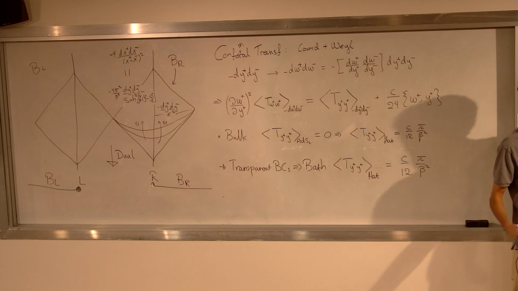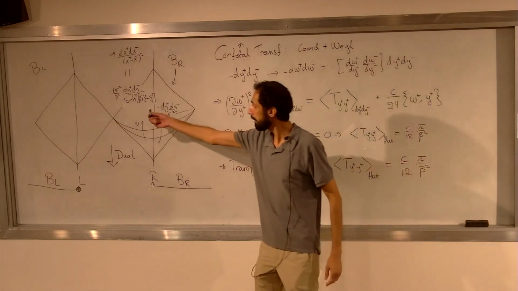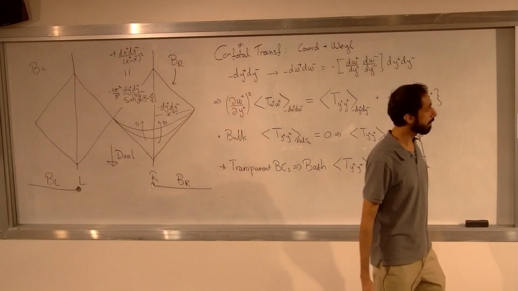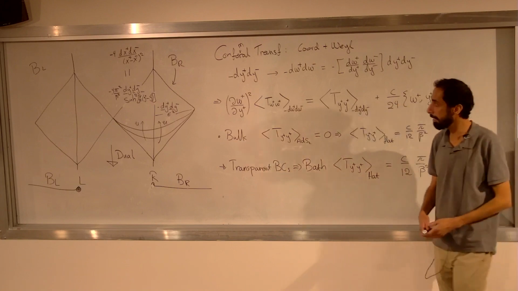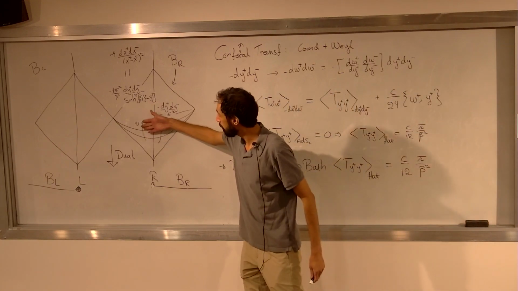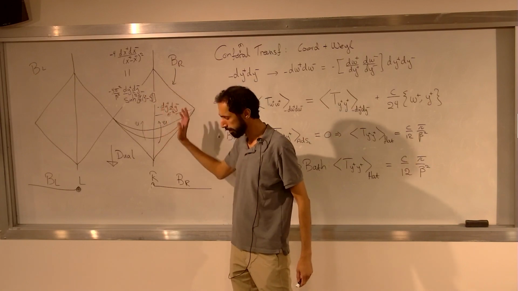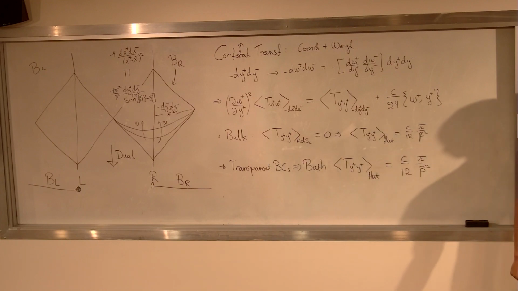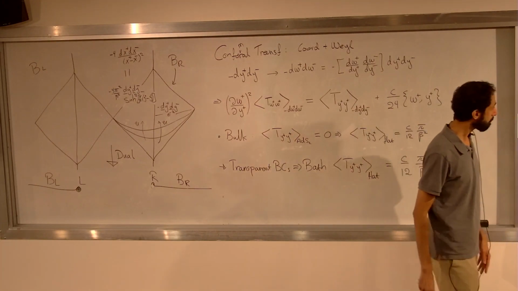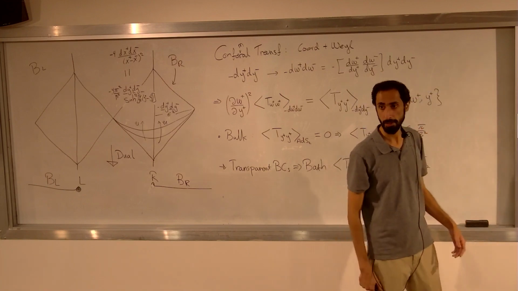The Euclidean black hole is what you get by starting with the Lorentzian black hole, this metric here, and you continue the time variable, the time here being the black hole exterior time, which is also the same time that's on the bath side, and you continue it to some Euclidean time variable.